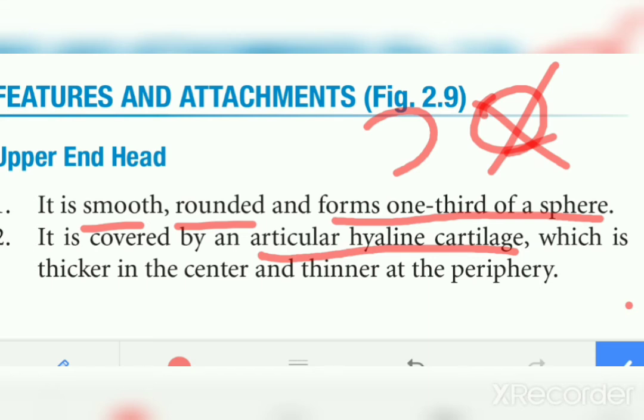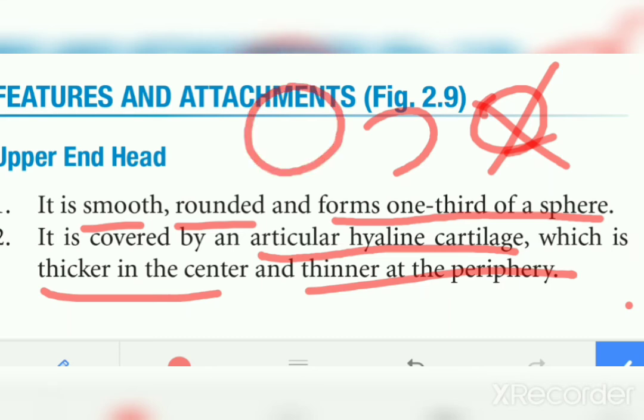Here the articular cartilage is hyaline cartilage, which is thicker in the center and thinner at the periphery. That means if we see the head of the humerus from the side view, in the center the articular cartilage will be thicker, and in the periphery it will be thinner.